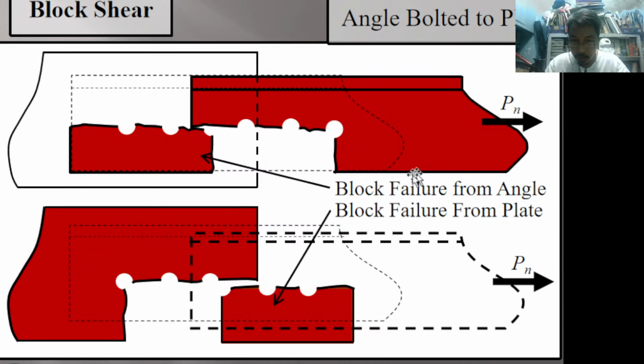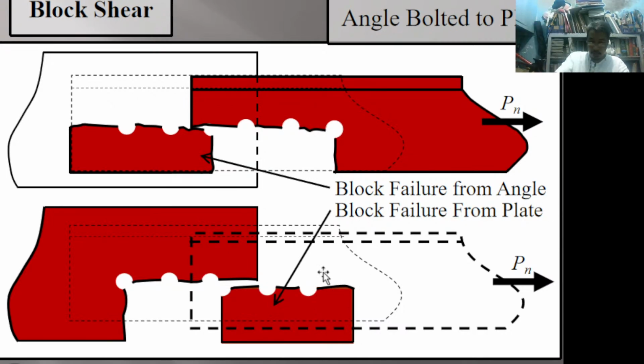As you can see on the label, block failure from angle. Angle meaning angular element, angular section. This is an angular section, as you can see on the drawing; this is how you draw the angular section. And then this is a plate, so block failure from plate.